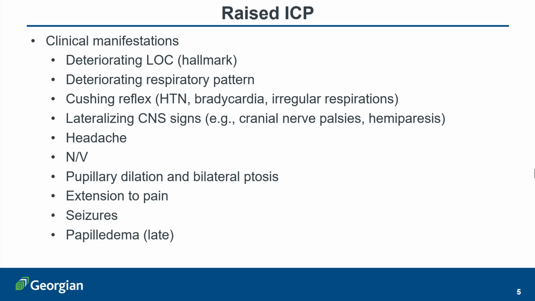The two eyes, etc. So when you have these lateralizing signs, what it means is that it causes various palsies of the cranial nerves and hemiparesis as well. A headache, nausea, and vomiting when the vomiting center in the brainstem is affected. Pupillary dilation is due to the so-called lateralizing sign when cranial nerves 3, 4, 6 are affected, and then you have bilateral ptosis as well.